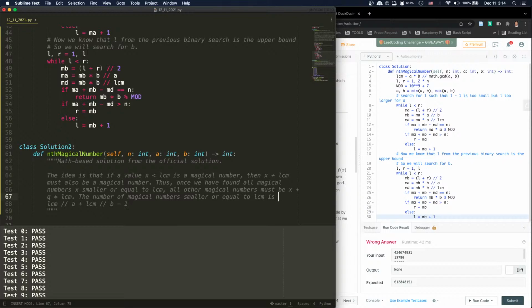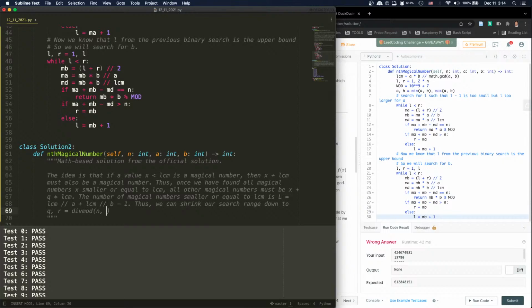We can call this L. Alright. Thus, we can shrink our search range down to Q, R equals divmod of N by L.